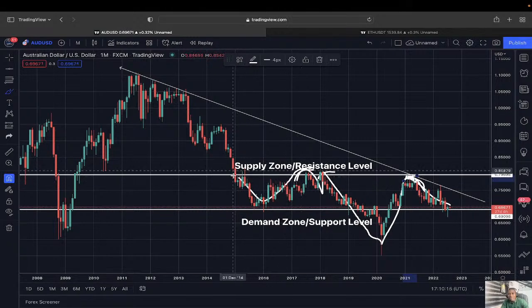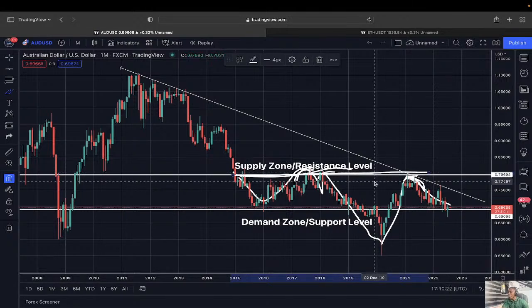So you can see that we have mapped out this level as a level of resistance, which is also known as a supply zone, because price had created footprints on these levels. Do you get that? Good.